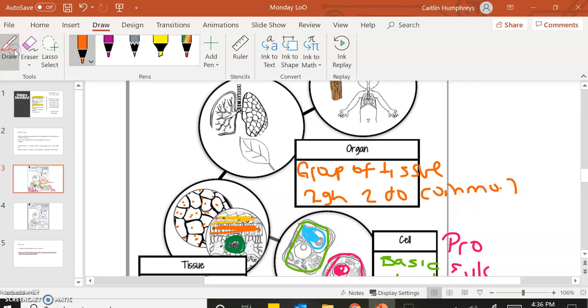Oh, I lost my draw feature. The common job of an organ is to carry out the things that the tissues start to do. In your lungs, you have very specific tissues that allow it to hold on to carbon and oxygen. When all those tissues come together, they create your lungs. And your lungs' common job is to exchange that carbon and oxygen.